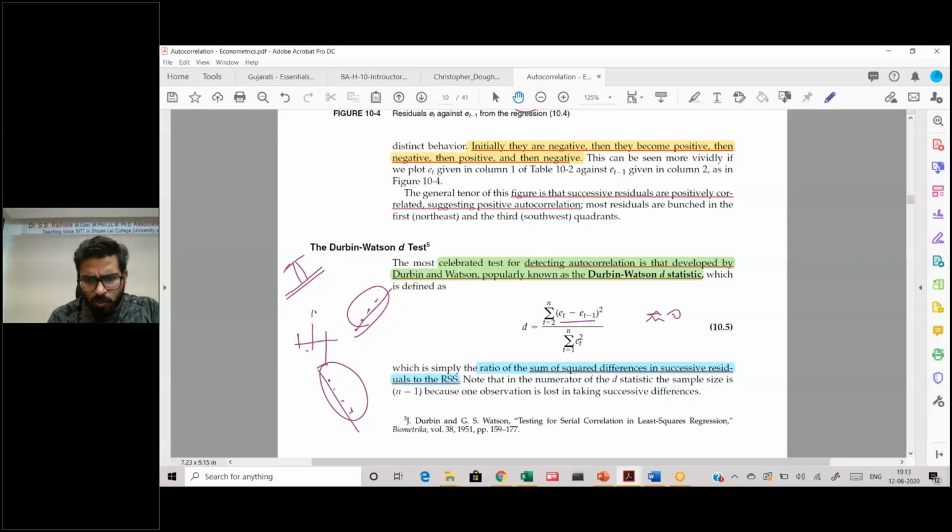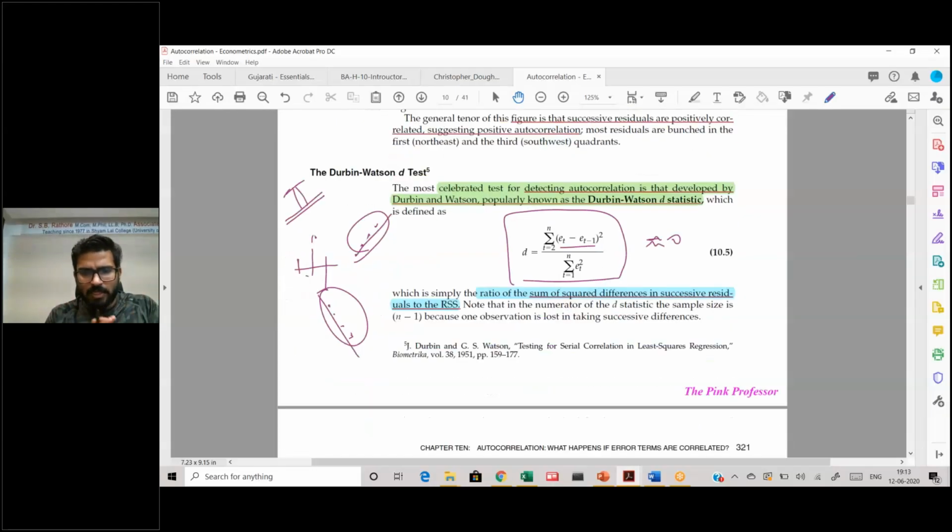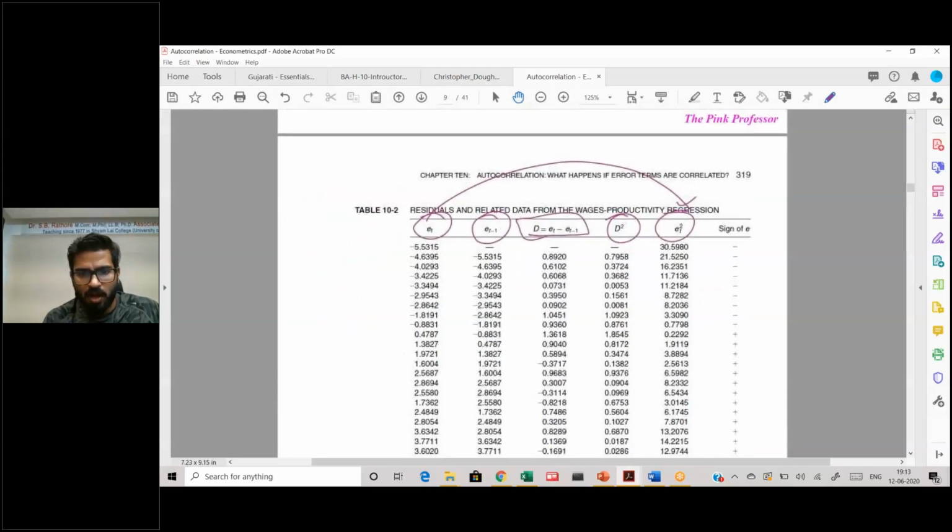So your D statistic will be something different from 0. What it actually does is that it is simply the sum of squared differences of successive residuals upon the RSS, the residual sum of squares.